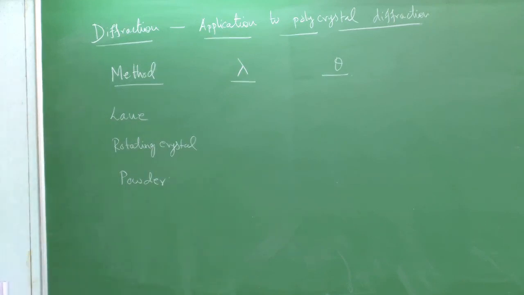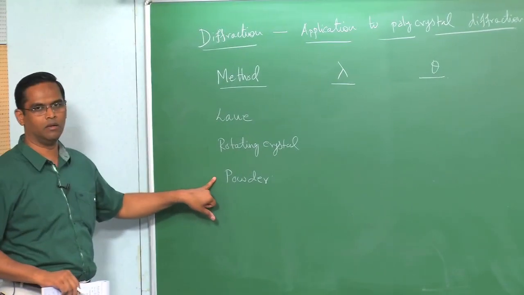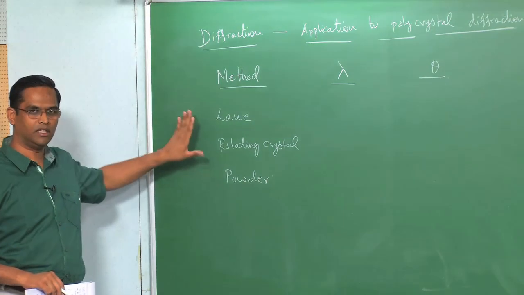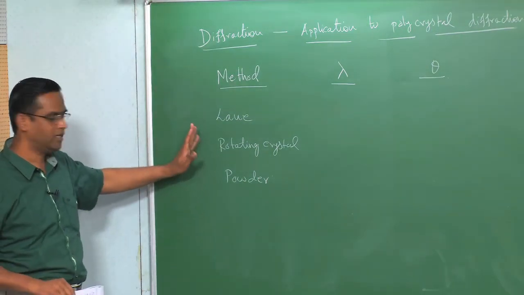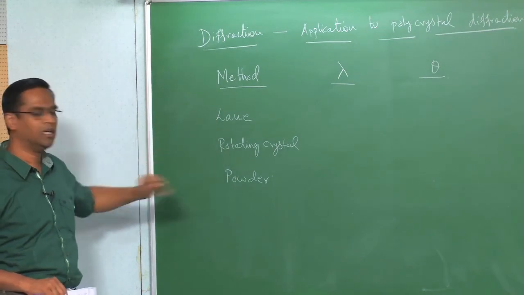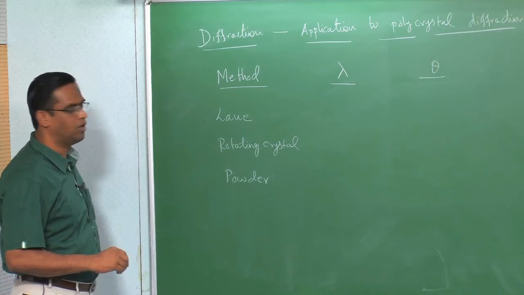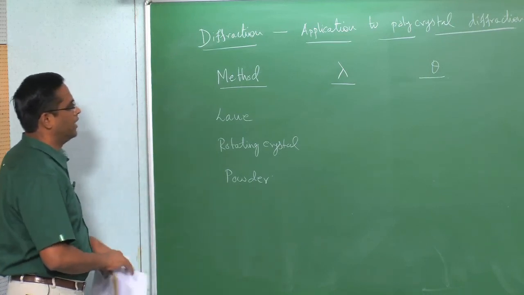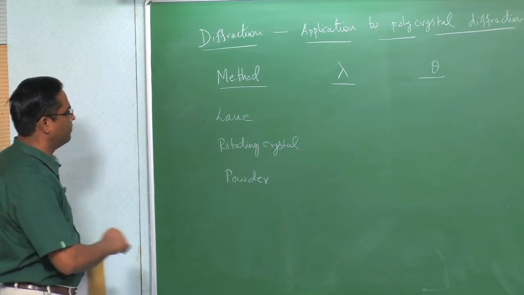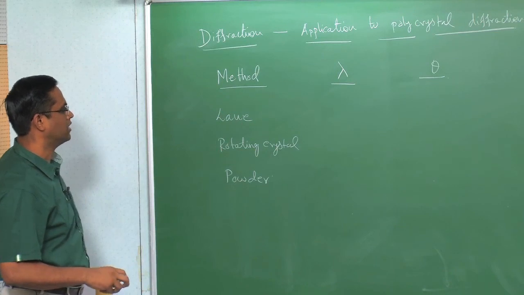One is the Laue method, another is the rotating crystal method, and the third is the powder method. I will not get into the theory of all these things. I will take you to the laboratory and show the typical methods we follow in the X-ray diffraction laboratory when we actually perform the experiment. Just for the sake of completion, you should know the basic methods of conducting these diffraction experiments.